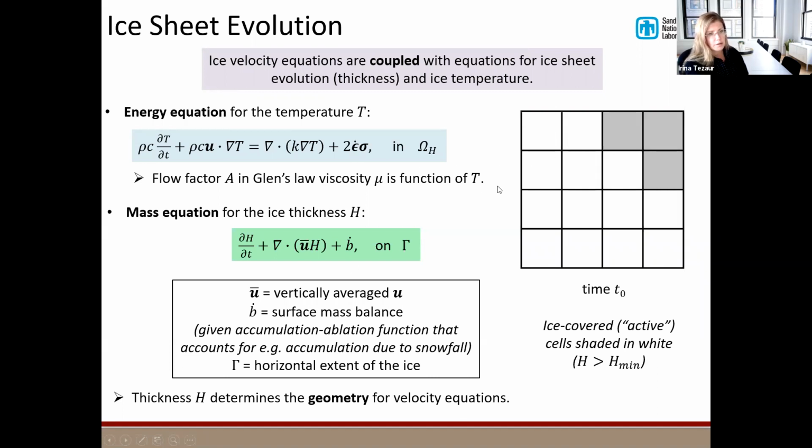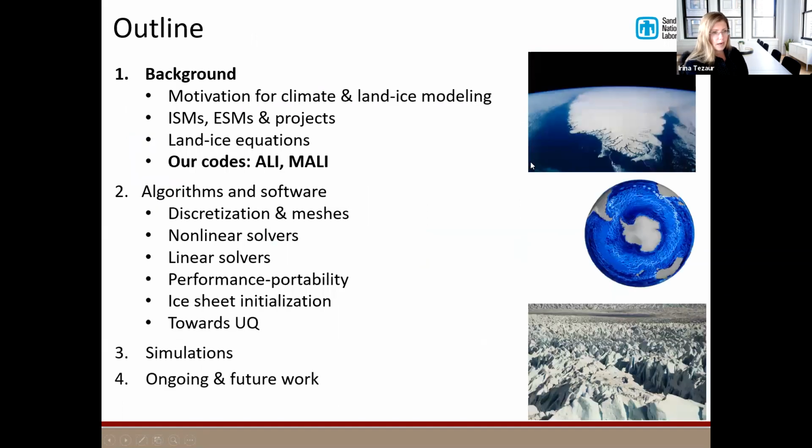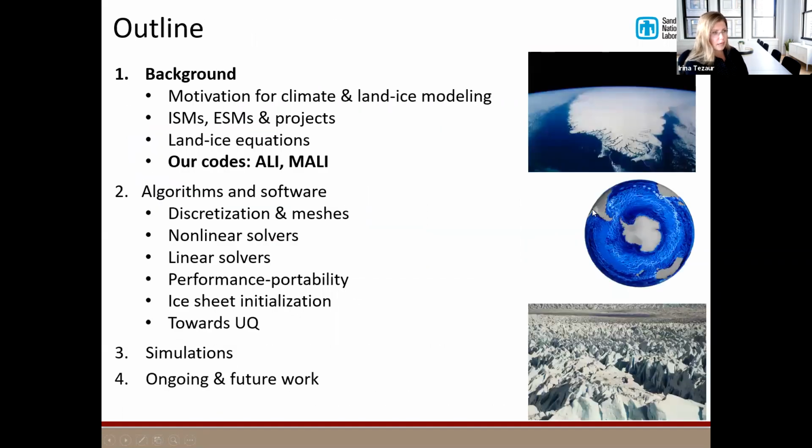As you go in time, this changes. So you basically have a mask that tells you which cells are active and which are not. This is a way to allow you to change the mesh and the geometry without having to throw away your entire mesh and mesh from scratch all over again. You can think of this as a kind of level set equation if you're familiar with that.